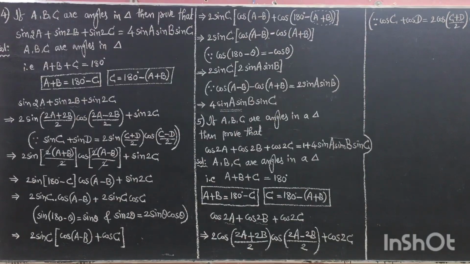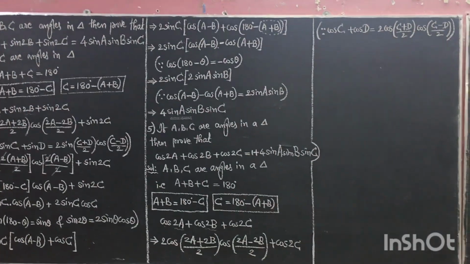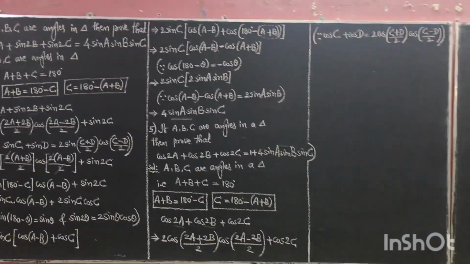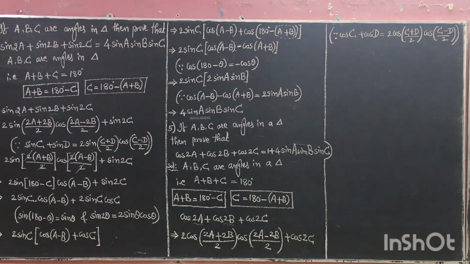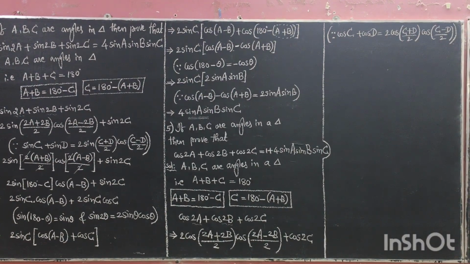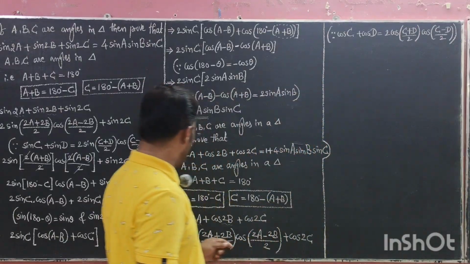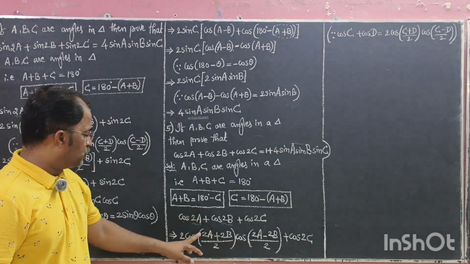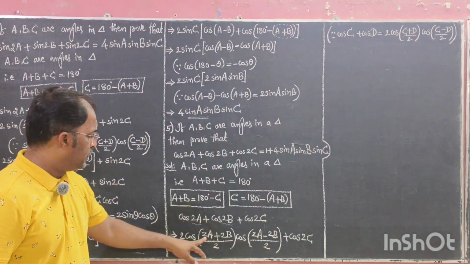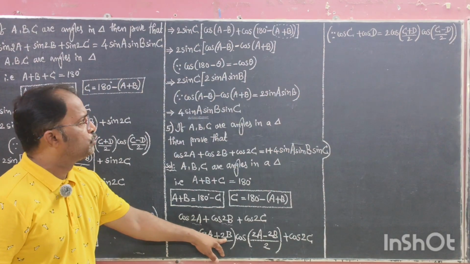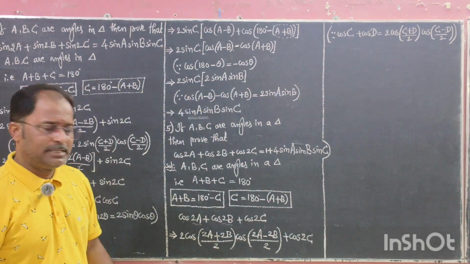No. Okay, a little bit of change. Now the formula is cos C plus cos D equals 2 cos of (C plus D)/2 into cos of (C minus D)/2. In that formula substitute capital C as 2A and D as 2B.